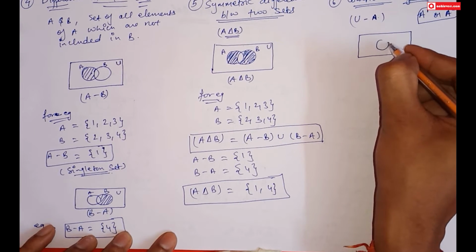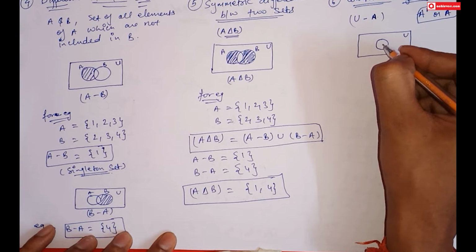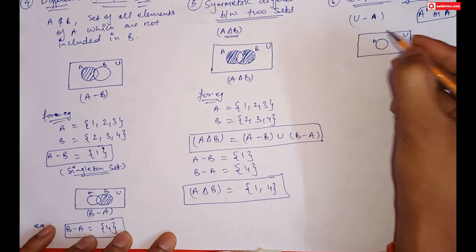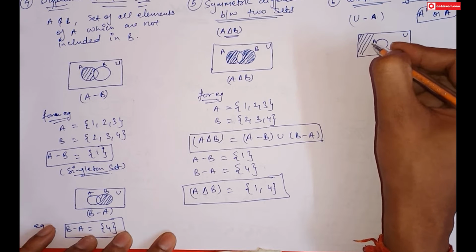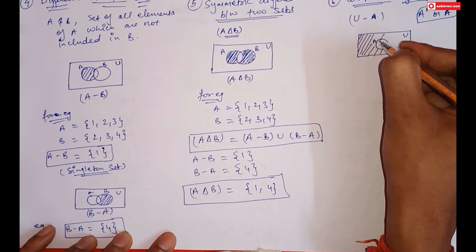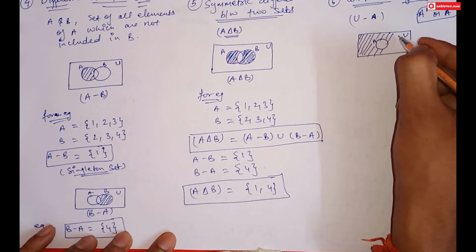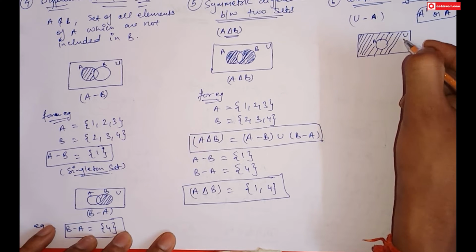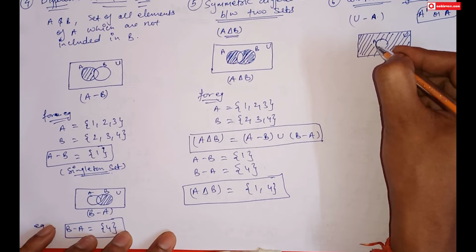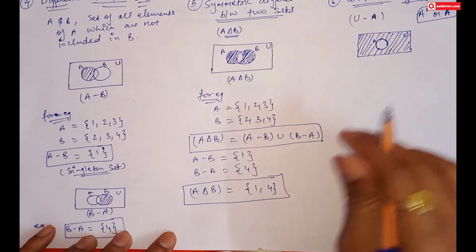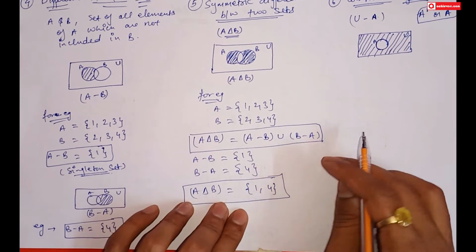And we have set A and this is the universal set. So the complement will be the whole portion, just excluding set A. So this is the complement of a set.